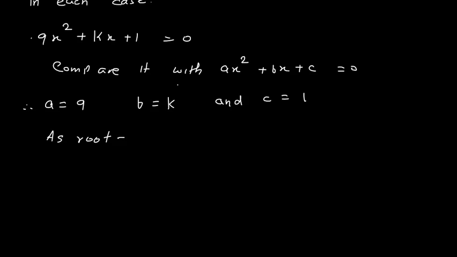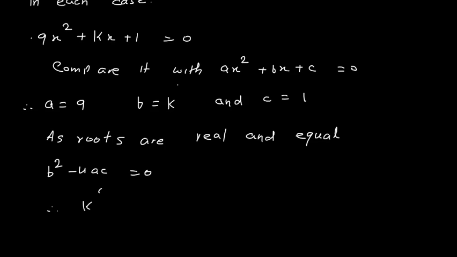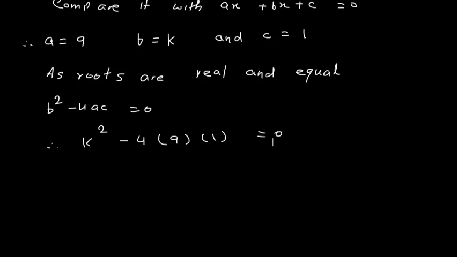Now as we say that as roots are real and equal, we have b square minus 4ac, this is equals to 0. So therefore, it gives me k square minus 4, a is 9 and c is 1 is equals to 0.